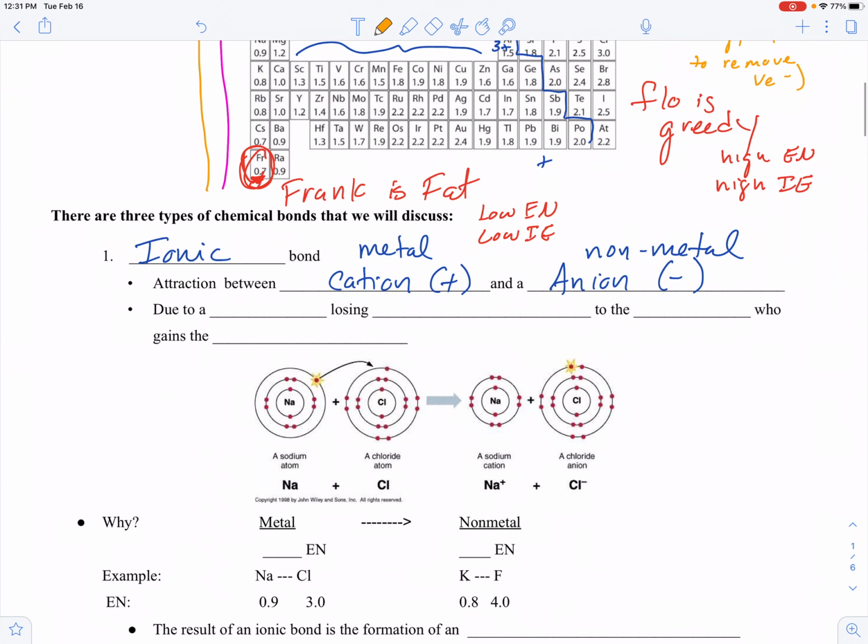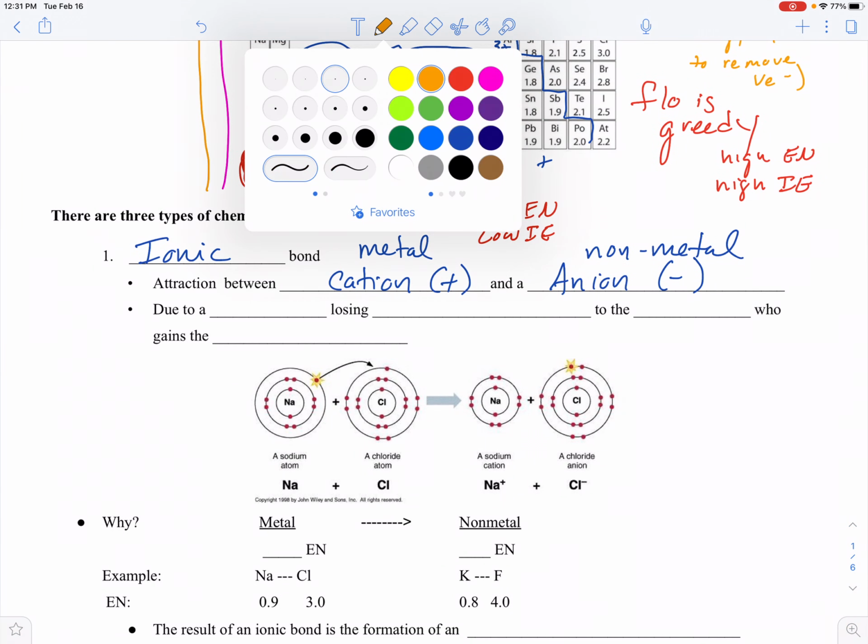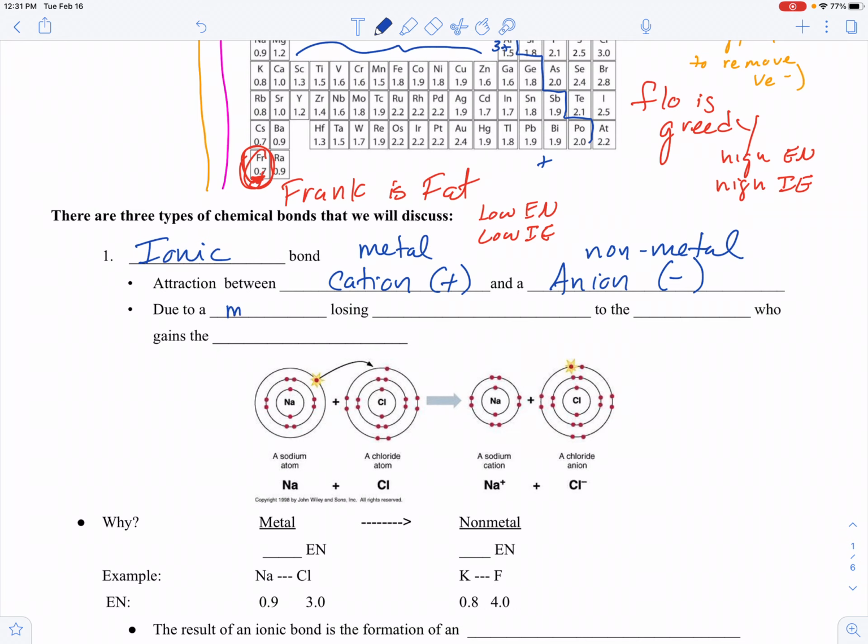This ends up happening because the metal will end up losing valence electrons to the nonmetal, which is then going to gain valence electrons.